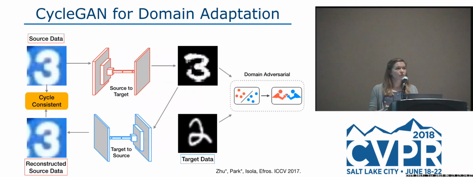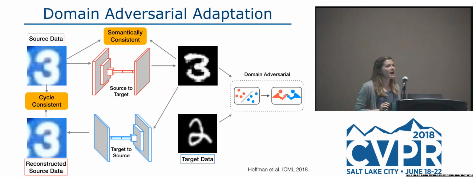So to prevent these types of label flipping that occur, especially in scenarios when the overall image changes dramatically, like this Google Street View to MNIST, what we do is a very simple modification that you might have seen in other works like Pixel DA, which is that we add what's called a semantic consistency term, or semantic consistency objective. And what this is, is very simple. It's saying, in domain adaptation, we have a task.